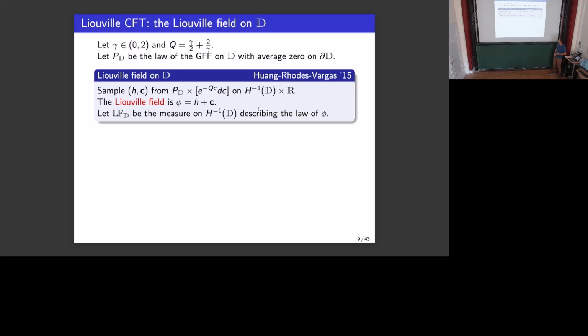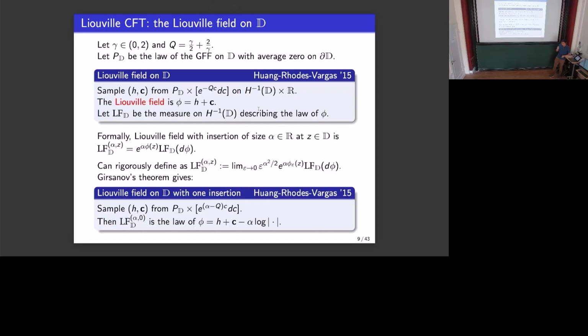So the real number C is going to be coming from this infinite measure on the real line, which has this exponential weighting. And you can modify or perturb this field by adding insertions.